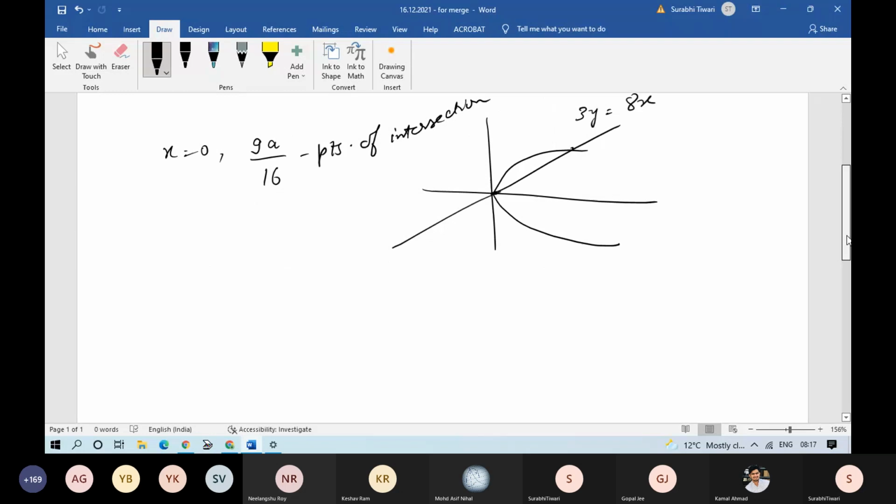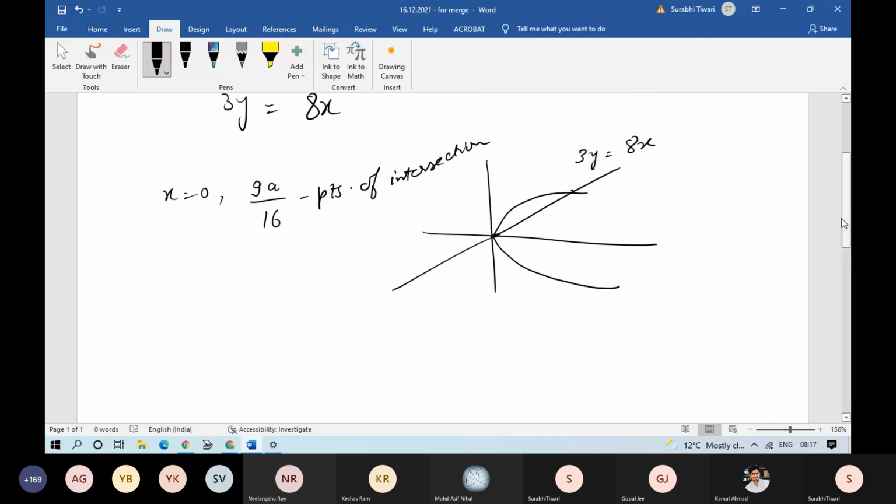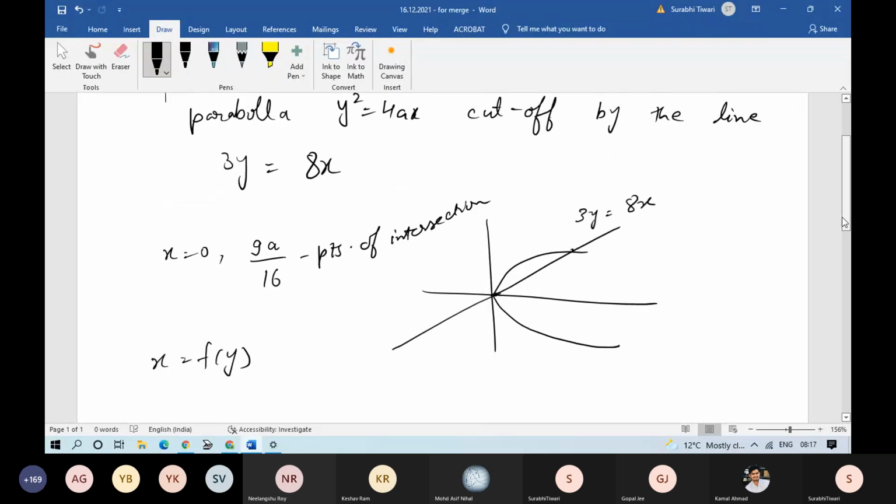Now you have the formula which we studied yesterday, x is a function of y. Using this formula, it will be more easy to solve because x is equal to y square by 4a.